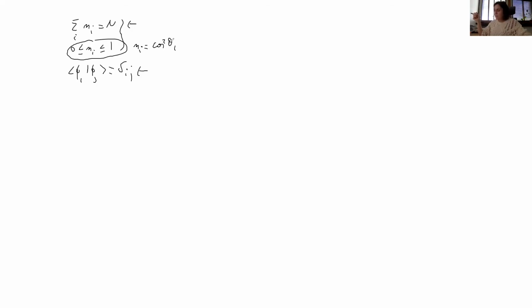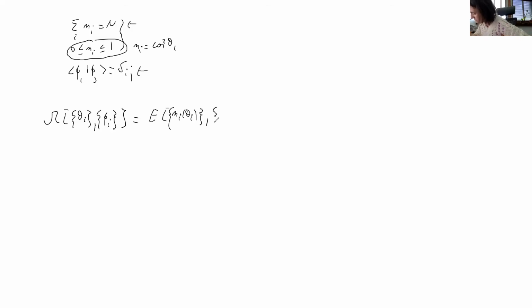So at the end, the functional that we have to minimize is the energy functional, but with these constraints. So it's a functional of theta and the natural orbitals. It's the energy function that I have just shown you before, as a function of theta, minus, and then we introduce some constraints.